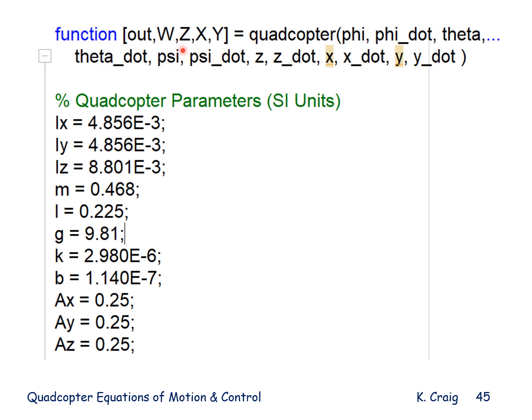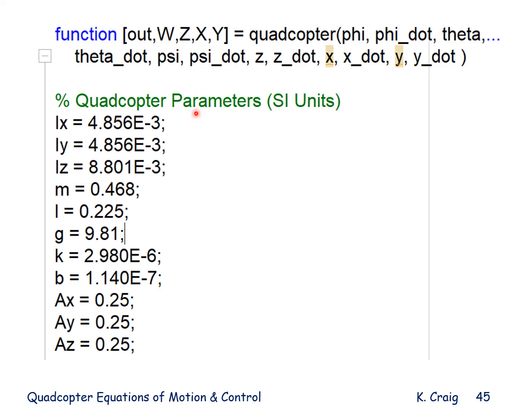The outputs from the function are the angular variables, roll, pitch, and yaw, phi, theta, and psi. W is a vector of the propeller speeds, and x, y, and z are the accelerations of the generalized coordinates x, y, and z.